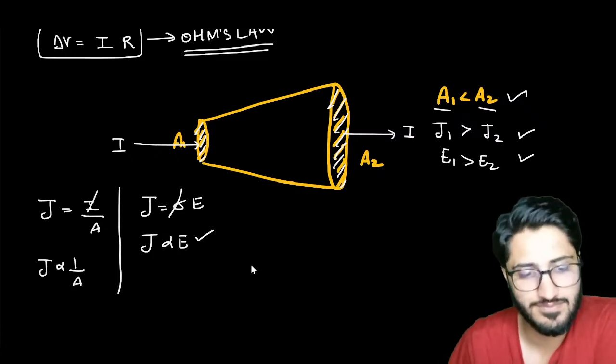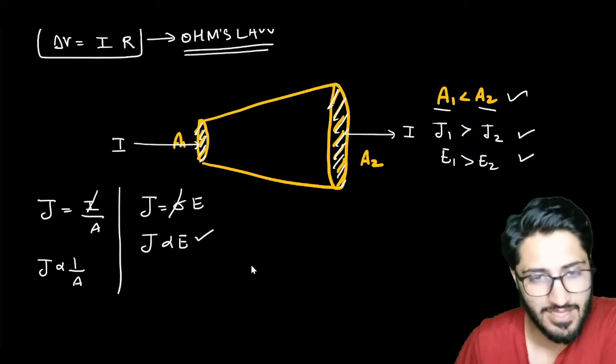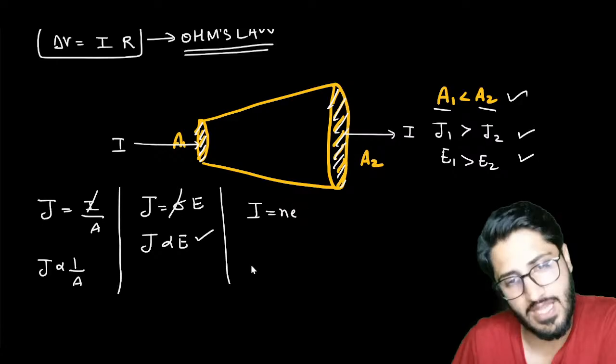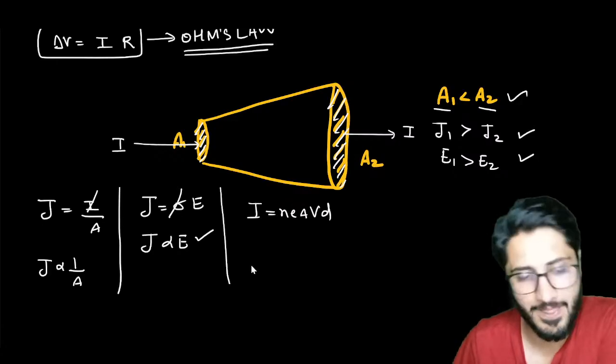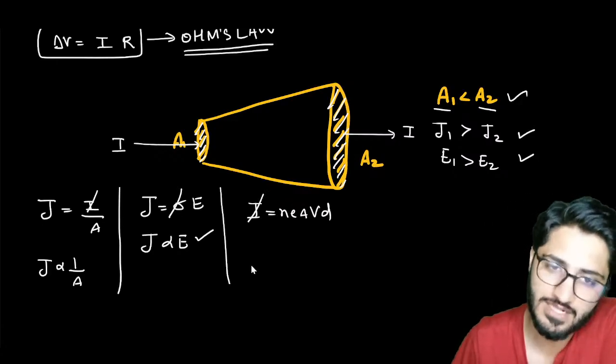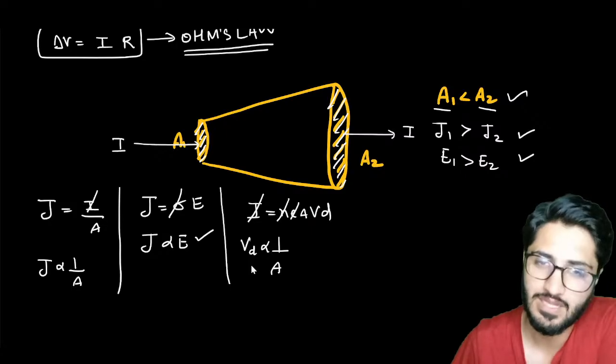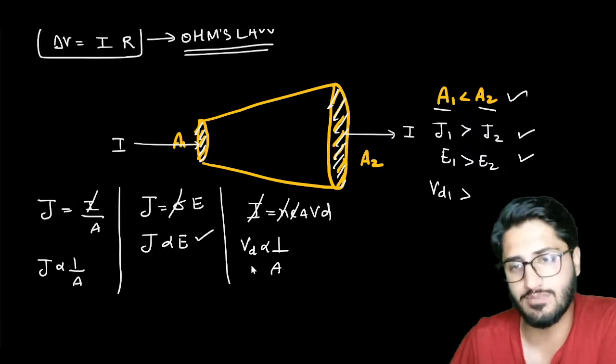Now what is current? I equals nEAvd. I constant, n constant, e constant. Then vd is inversely proportional to A. Can write vd1 is more than vd2.